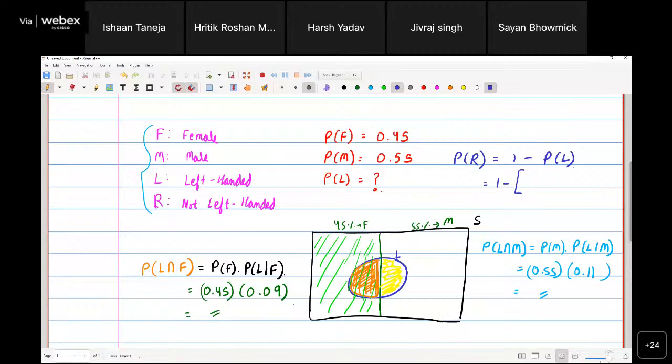The orange region is the probability of L intersection F, and the yellow region is L intersection M. So we have computed this probability. We can subtract it from 1 and get the desired result.